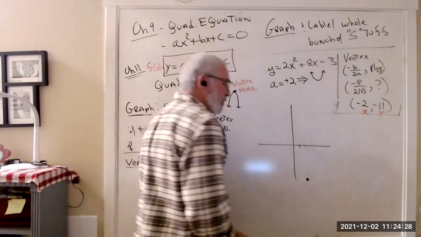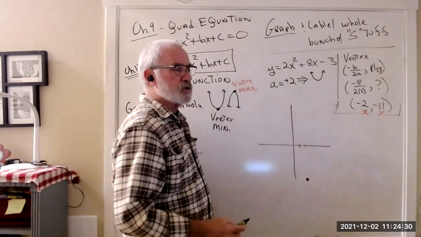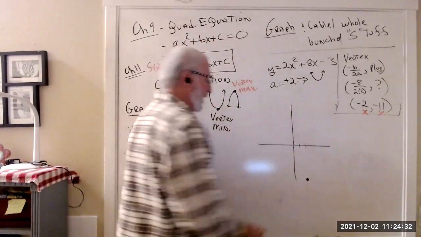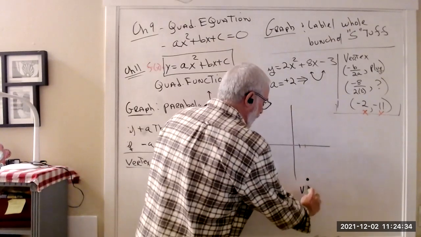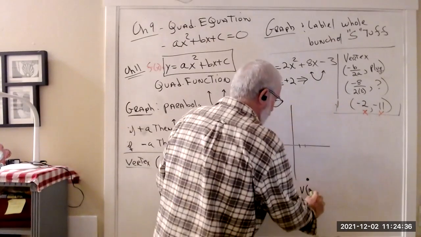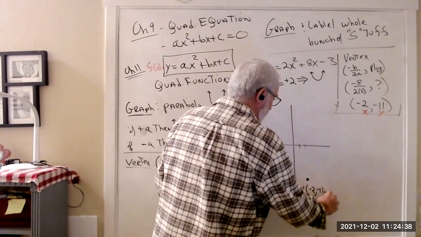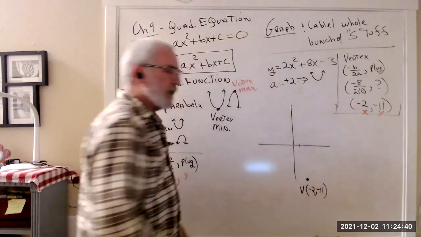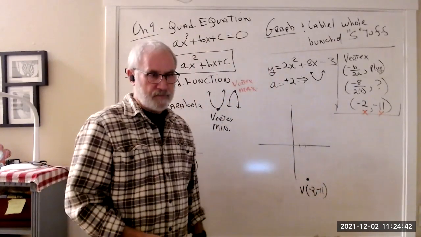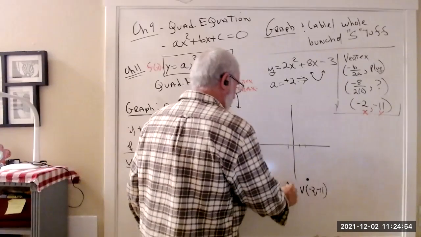Guys, I don't care if it's drawn to scale perfectly or not, but this is the vertex V, and it's negative 2 comma negative 11. And it's going up. Student: Professor, that one should be positive 2, negative 11, because you draw on the right.